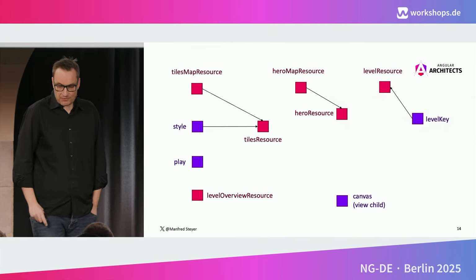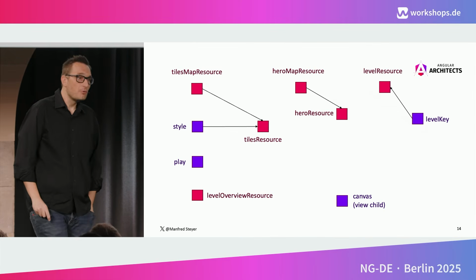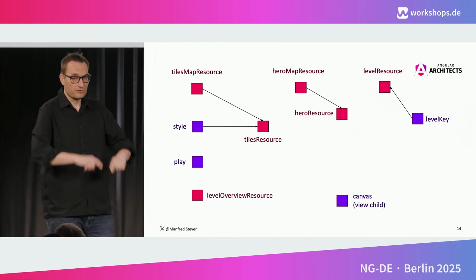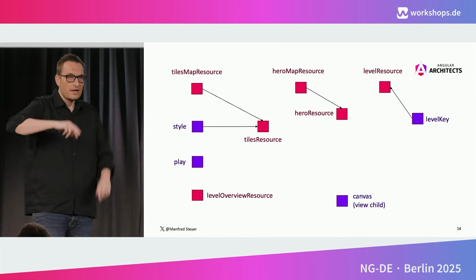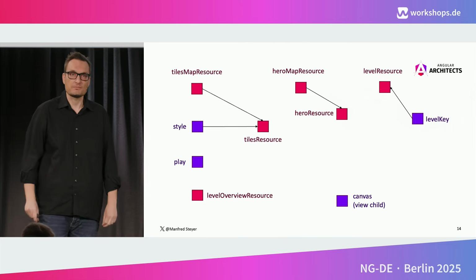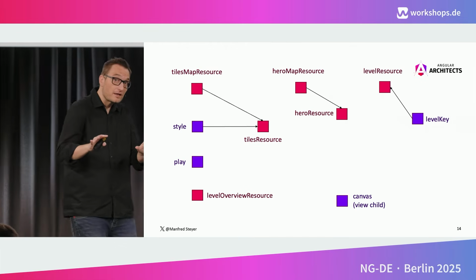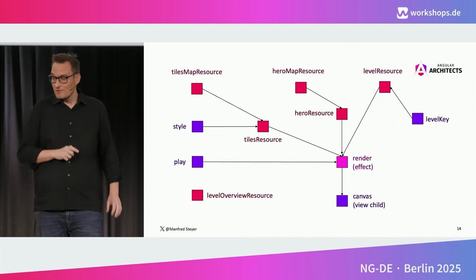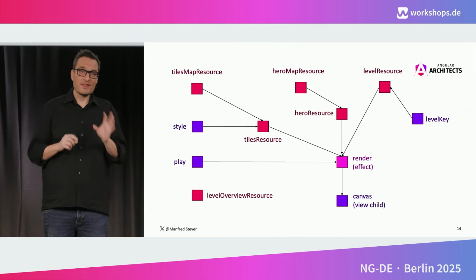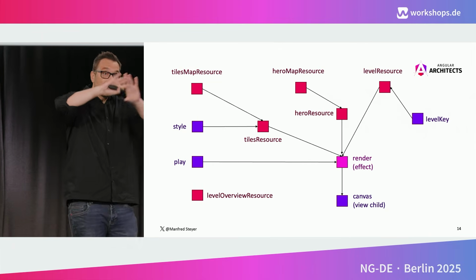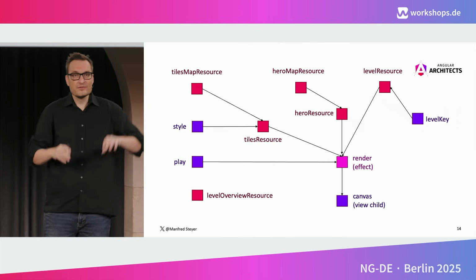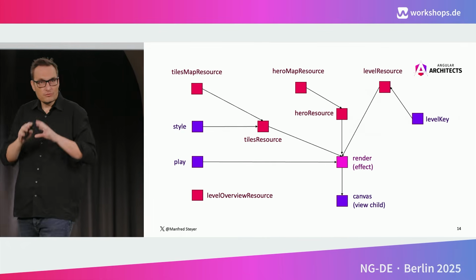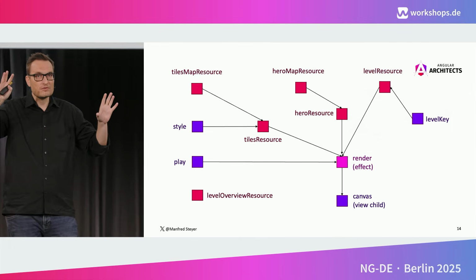Then, for the sake of completeness, I have a level overview resource that loads the file that is telling us you have level 1 and level 2, and you can switch freely between it. And then everything comes together. In the middle of this, we have an effect. We have an effect that is accessing all the other data, the loaded data, the derived data, and using it to paint something on a canvas.